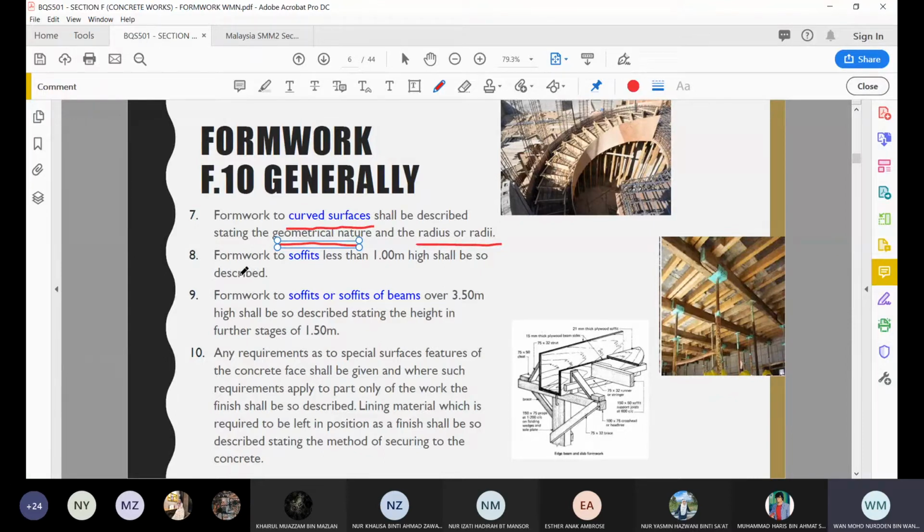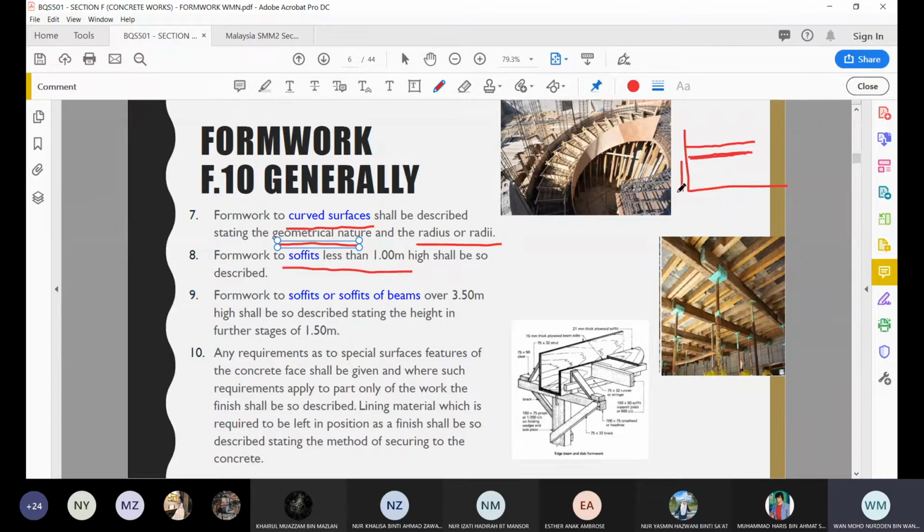Okay, number 8. Formwork to soffit less than 1 meter high shall be so described. Okay, soffit less than 1 meter high. Okay, sebab kenapa? Sebab kalau kawasan soffit less than 1 meter high, dia dikira sebagai rendah lah. Kalau katakanlah kita nak buat okay, kita ada slab atas ni. Okay, and this slab kita buat formwork lah bawah dia kan.